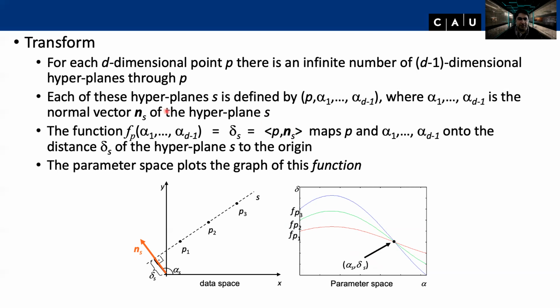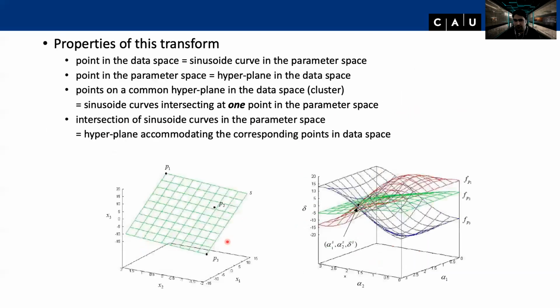And this is also basically what you see here, complicatedly written, which is what I've explained now on these two figures. So the properties of this Hough transform are that the point in data space, these sinusoidal curves that you see here now in a 3D case, and that point in parameter space, this one here, correspond to a common plane or hyperplane in data space.